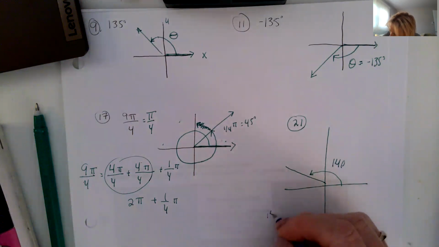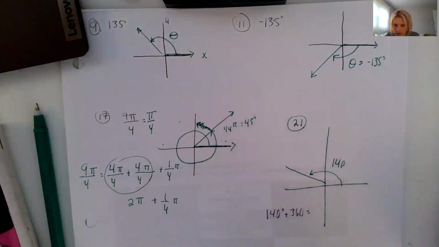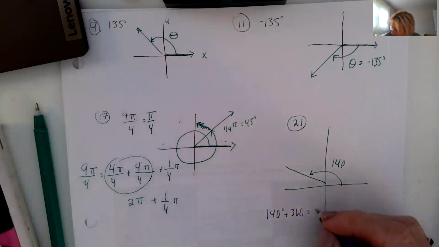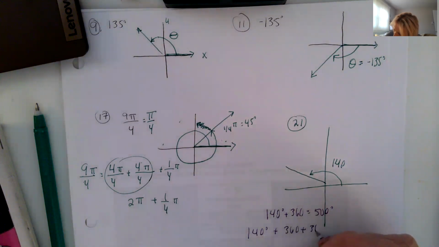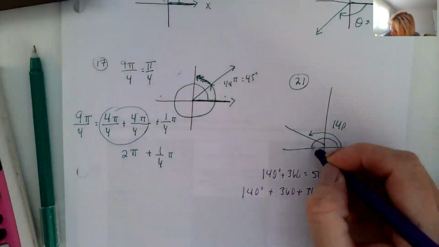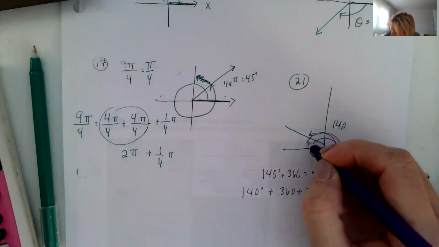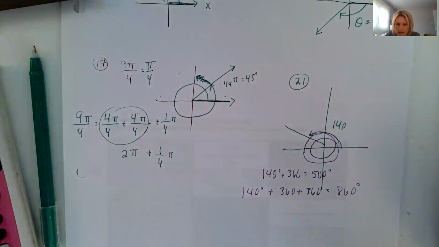So we could do 140 plus 360, so that would be a 500 angle. And then we could do 140 plus 360 plus 360, which would actually be 860. So those are both coterminal because they go around and around and land there.